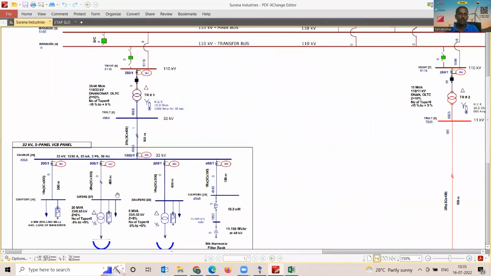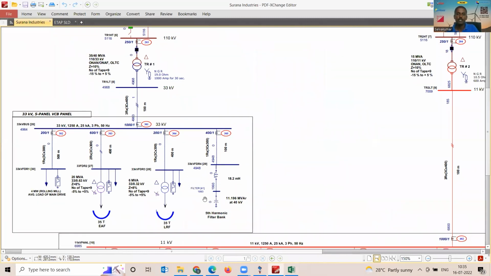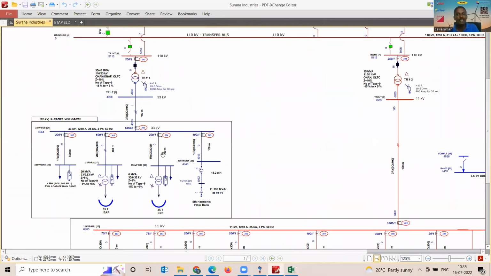And since the electric arc furnace is a harmonic source, a harmonic filter is available, and all the non-linear loads are segregated from the other linear loads, so that the harmonics injected by the arc furnace do not affect other loads.